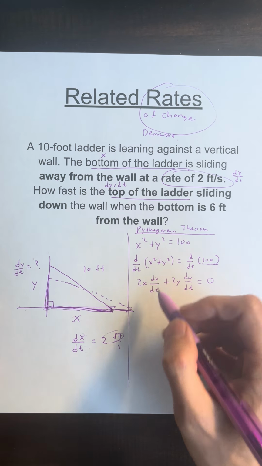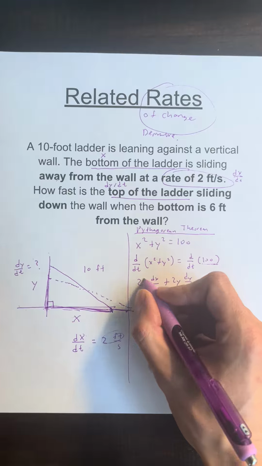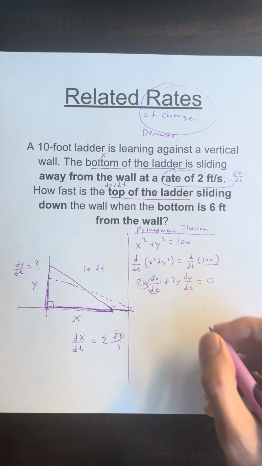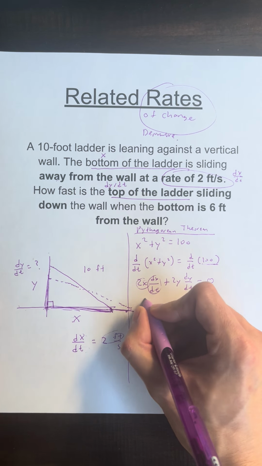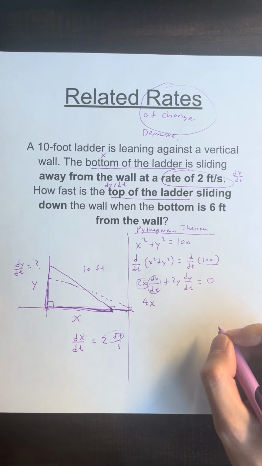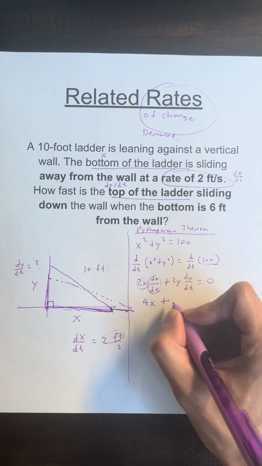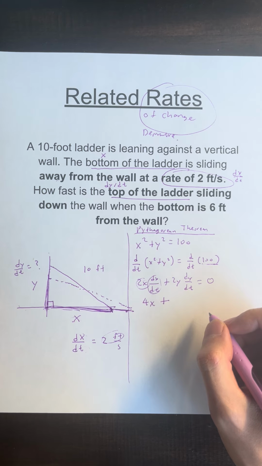Okay, so I'm changing this to 2 then. So 2x times 2 is how many x? 4x. Okay.